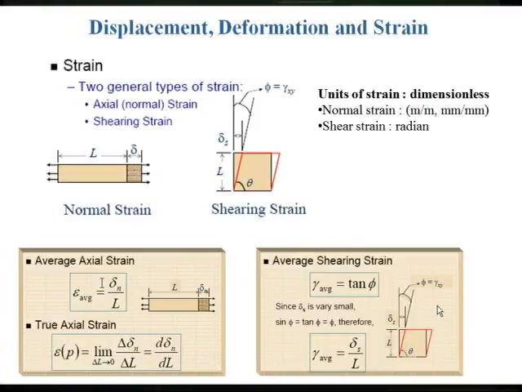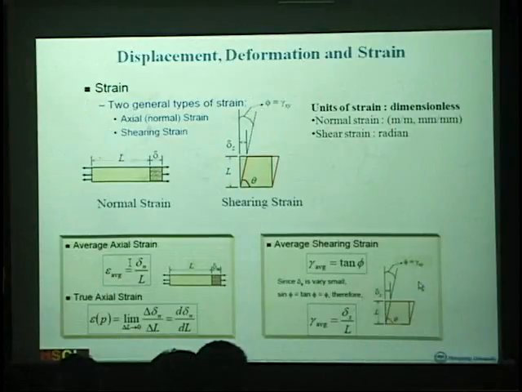Normal strain means that when we define material properties in Young's modulus, we define it as delta divided by L. That is the axial strain, sometimes called normal strain.